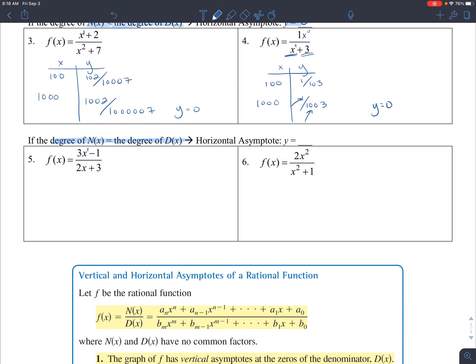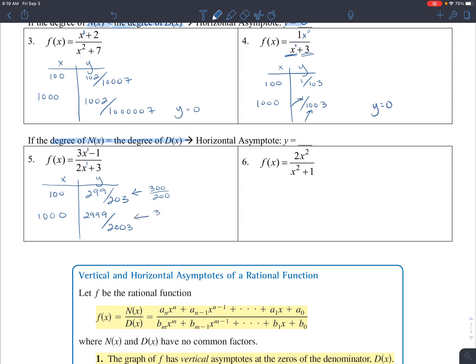So here we have x to the first over x to the first. Let's look at what happens as we plug in larger and larger values of x. Okay, so first we would get that, and then we would get this, which is pretty close to 300 divided by 200 if you were to estimate.